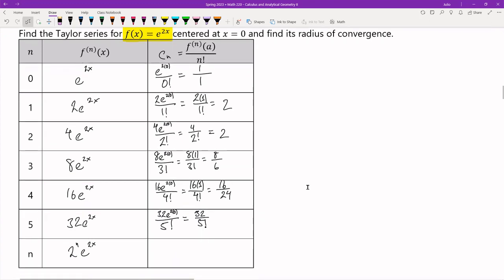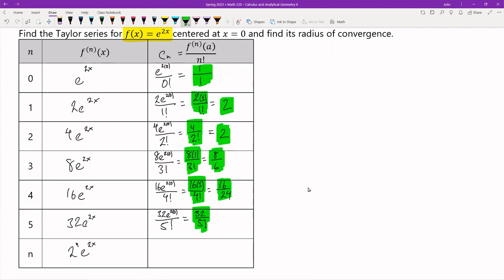So what you hopefully see, and I'm going to highlight the fractions that are important, and of ancillary importance are these right here if you actually want to work out the factorial, is that the coefficient up front is going to be some power of 2 divided by that power of 2 factorial.